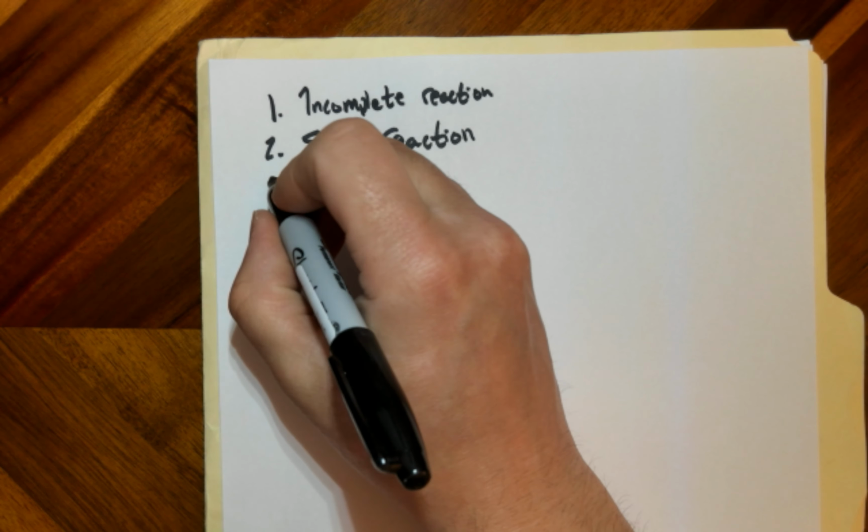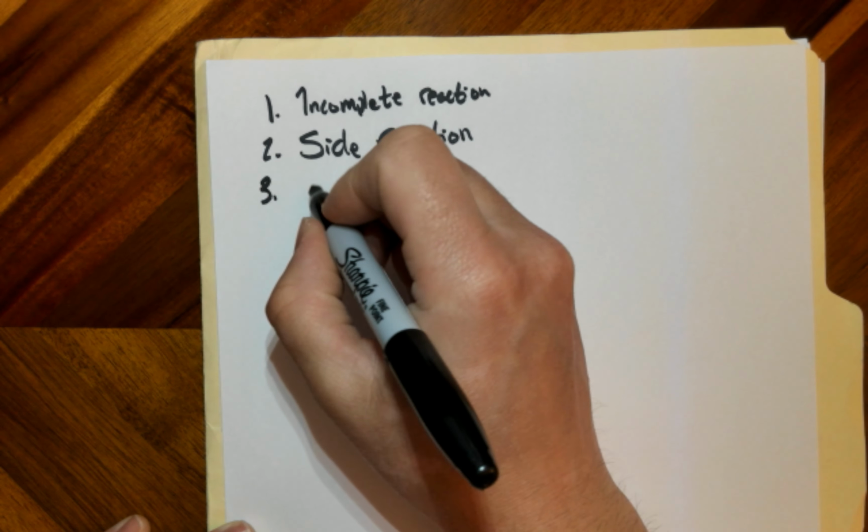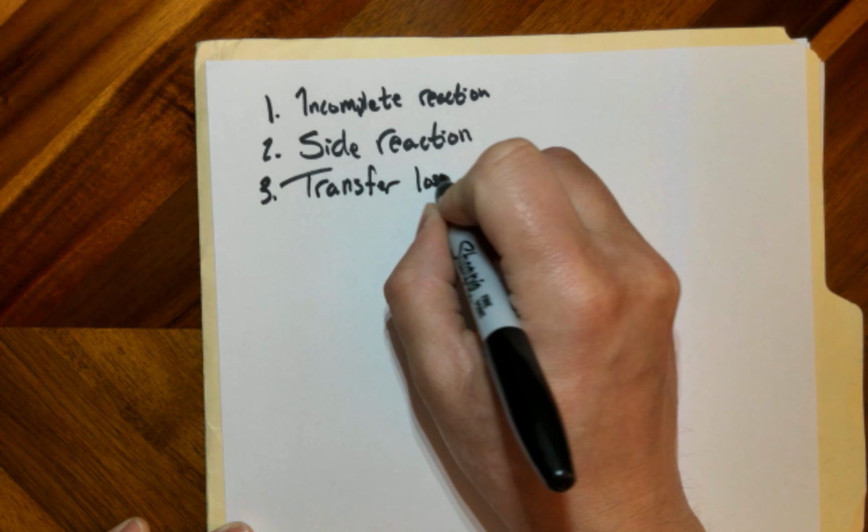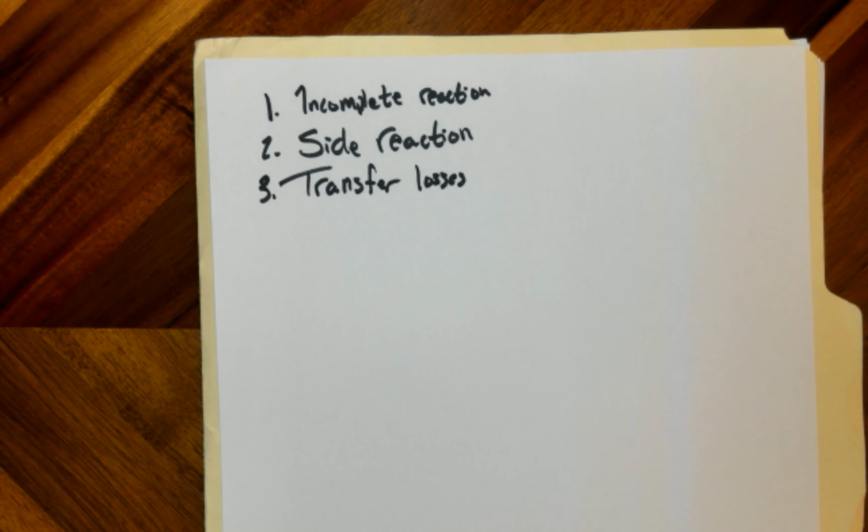Okay. Another reason why you might not get 100% is from transfer losses. Right? If you remember when we did our separating mixtures experiment in the last semester, one of the things that happened was that not everybody got all of their sand. The separating mixtures was when we did the magnetic iron mixed with the sand, mixed with the salt, and you had to separate them out via filtration and magnets and then boiling all the water off from the salt so that you would get those three things individually.